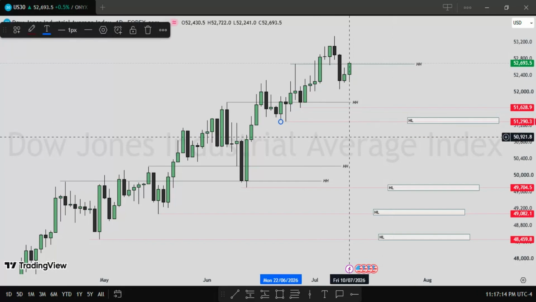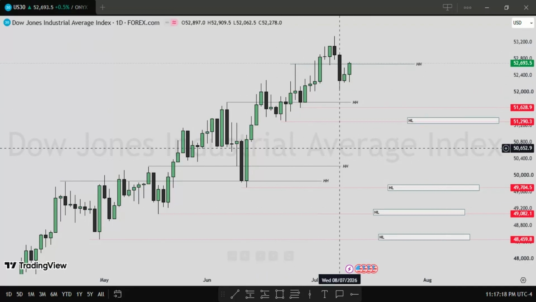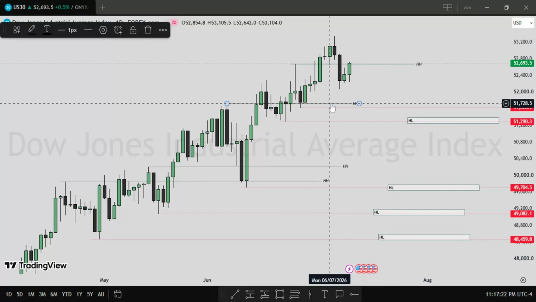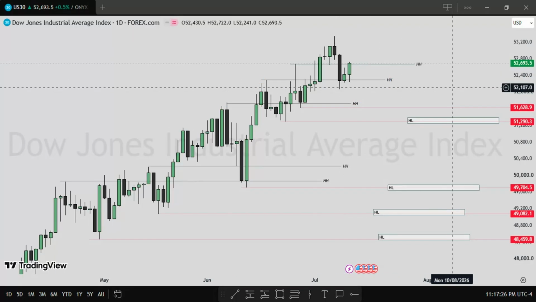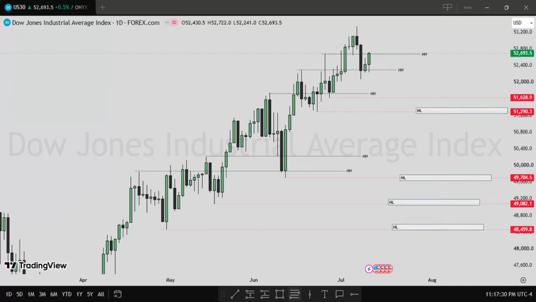This is also a low. This is a low. This side is a low. So this is just a simple example of higher highs and higher lows.